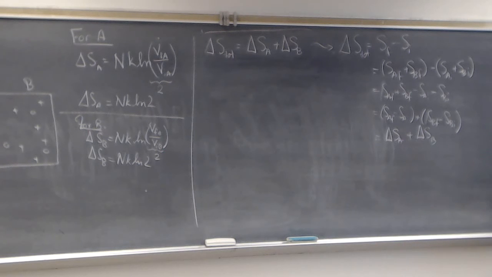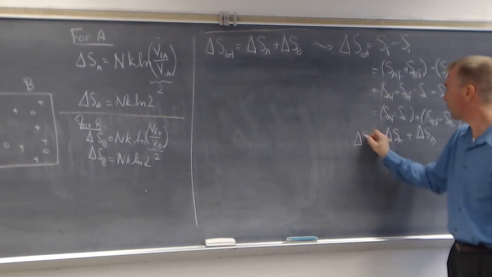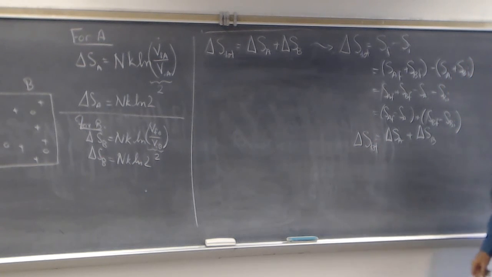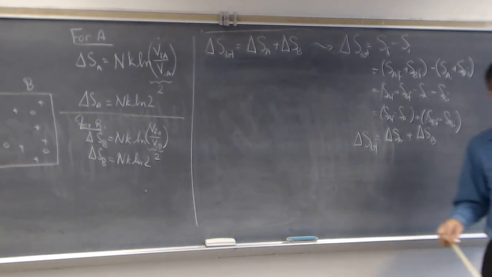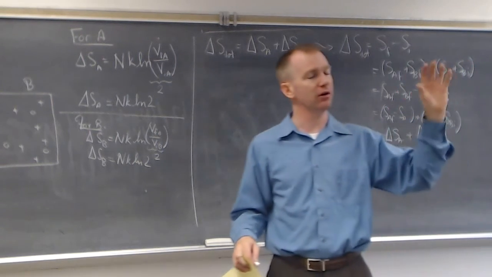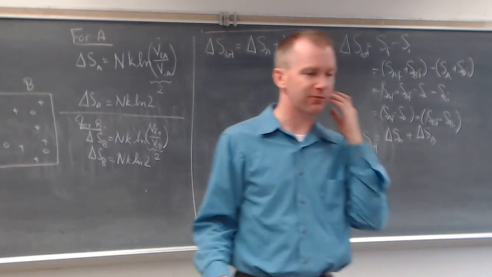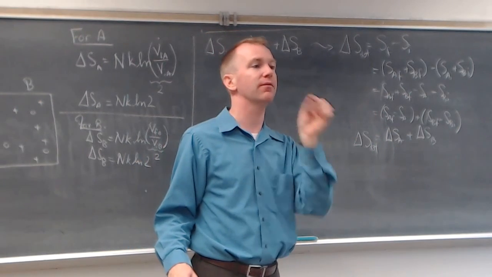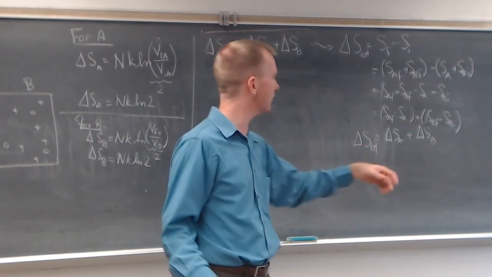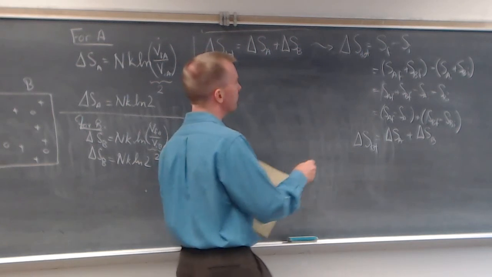And that's delta SA plus delta SB. So for any function which is merely the sum of other functions, the change in that function is the sum of the change in the other functions it's made of, the other additive terms.